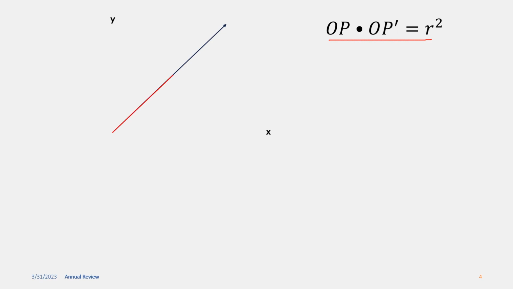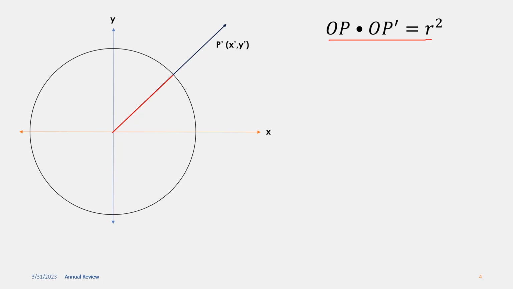So this is our x and y axis. This is the inversion circle, having the point P prime outside. The coordinates will be x prime and y prime.